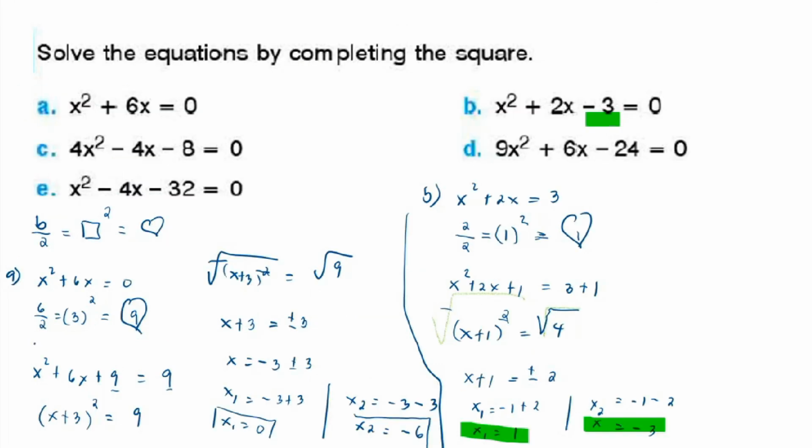Okay, now let's continue with letter D. So the given is 9x squared plus 6x minus 24. Take note that we are asked to solve this using completing the square. So first of all, since the value of a is greater than 1, divide all terms by 9.